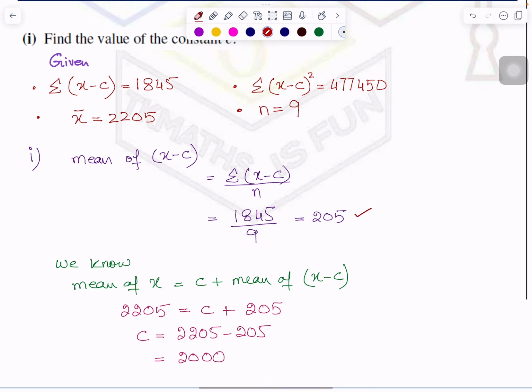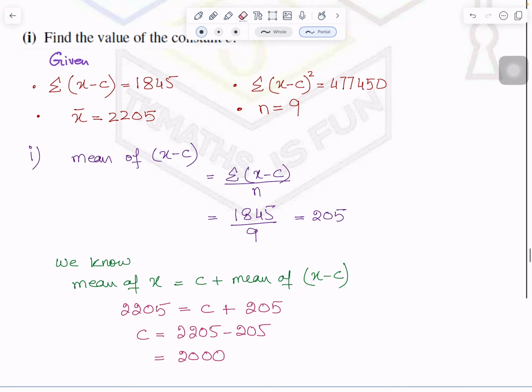So this is the answer. The explanation of this I have already given in the previous videos also. You can see the link in the description below. I hope it is clear why we are adding it here. Simply because we have subtracted from each data, so we add it back to get the new data.